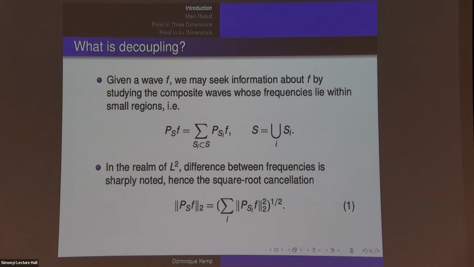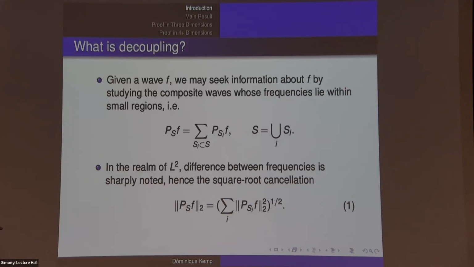All right, given some wave F, we may seek information about F by studying composite waves whose frequencies lie within small regions. So we have a function F that is Fourier supported in some set S, and that same set S is partitioned into smaller subsets Si. Corresponding to that is the decomposition of the Fourier projection of F onto S in terms of the sum of Fourier projections along the Si.